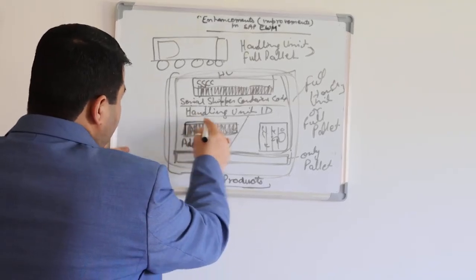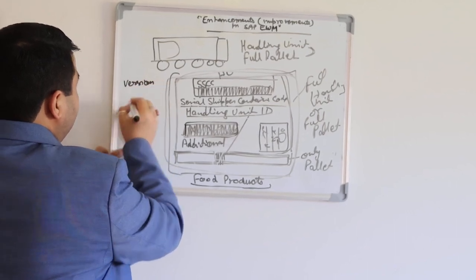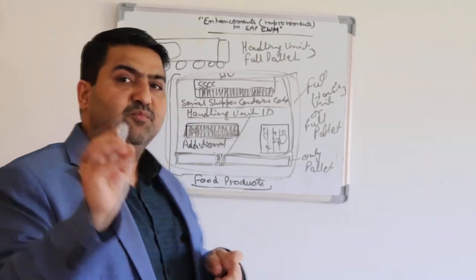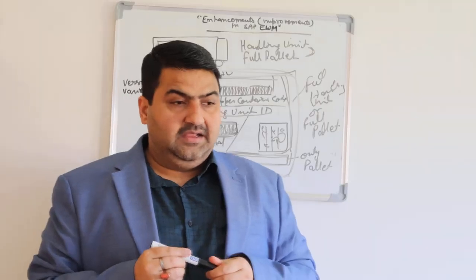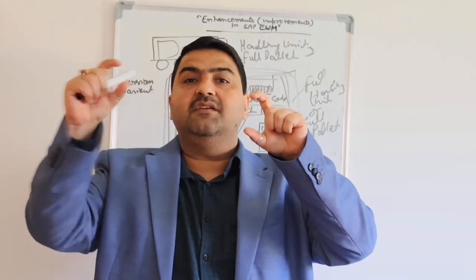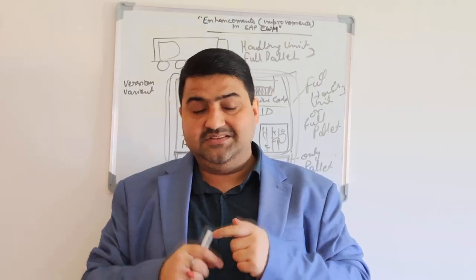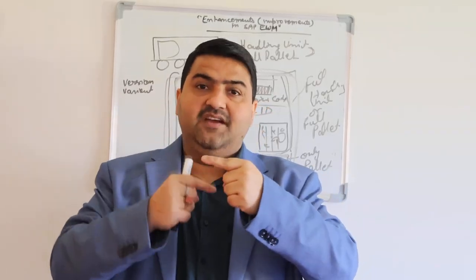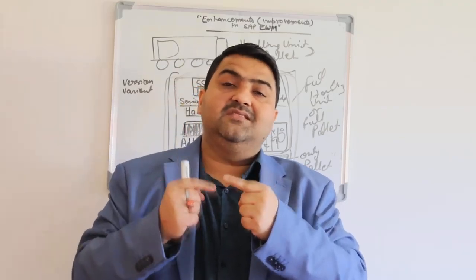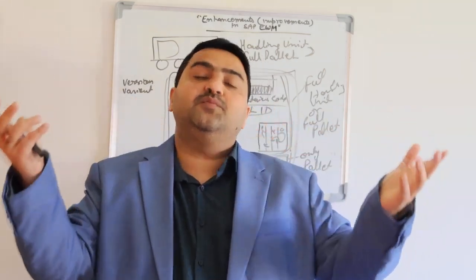In that barcode we have, first, the version. We call this a variant, which means version. Suppose we have different kinds of mobile phones from the same company with different versions, like 1.3 and so on. Version means additional functionality has been added to that phone or product, and that's what we call a variant: different types of products.